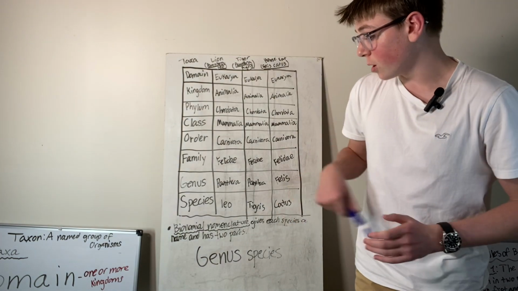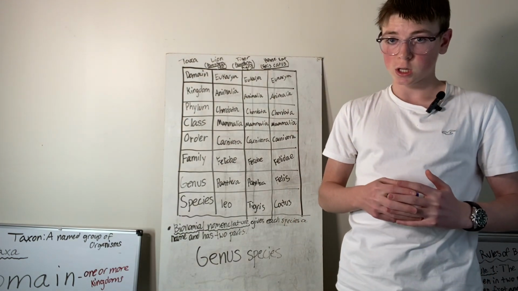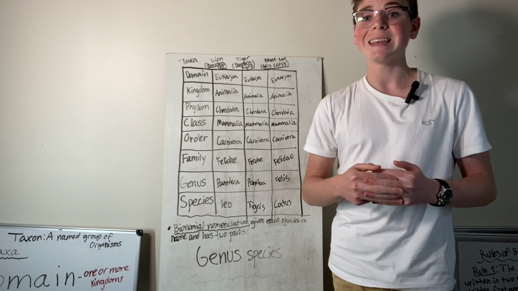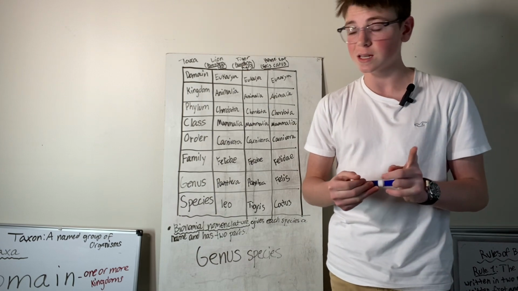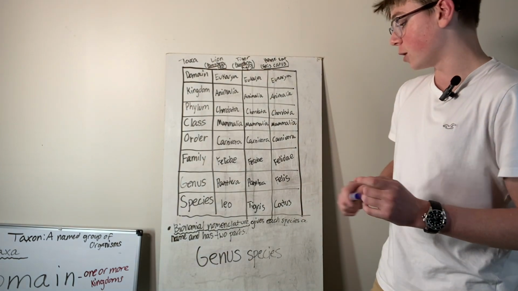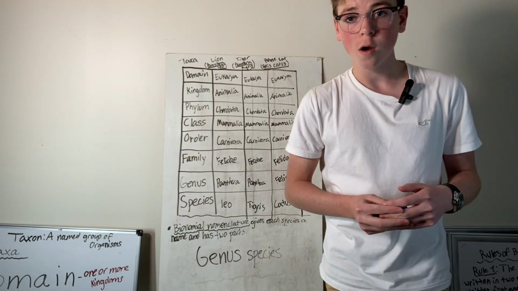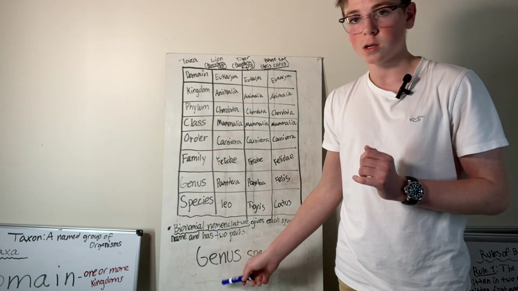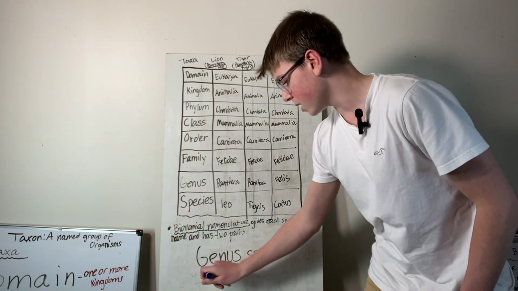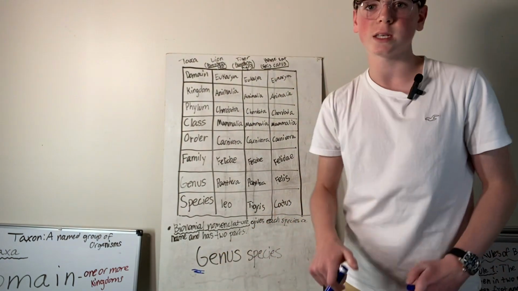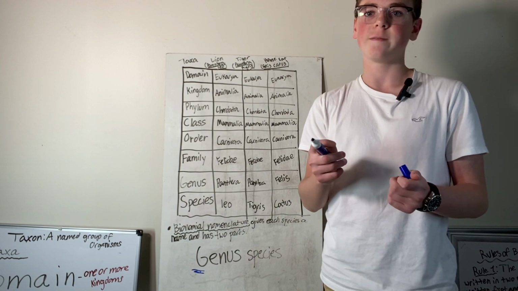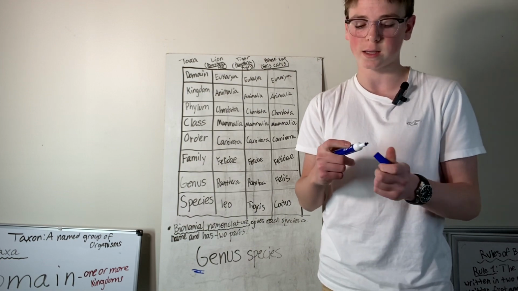Now, binomial nomenclature. This is how we actually name the organisms. This is an important part. Binomial nomenclature gives each species a name and has two parts. First, the genus. Notice that this G is capitalized. The genus always has the first letter capitalized.